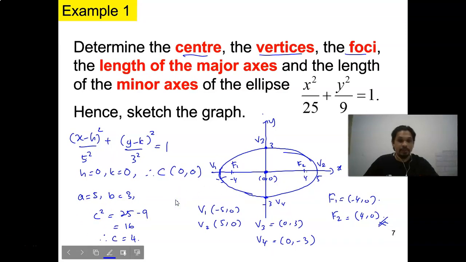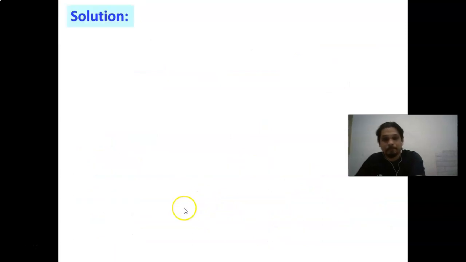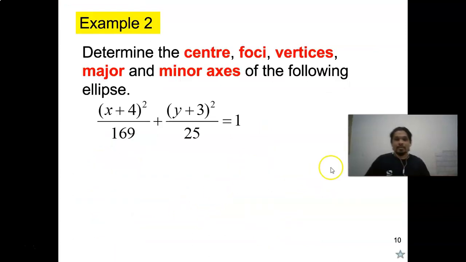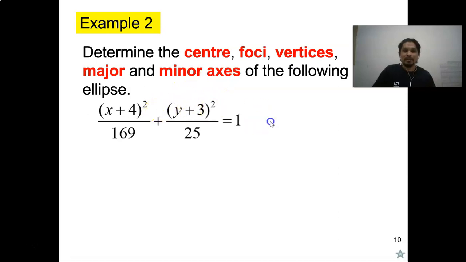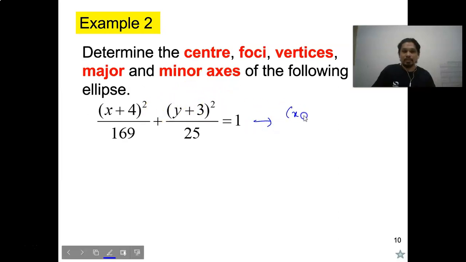Okay, let's move to the next one then. So this is it. Determine the center, foci, vertices, and the major and minor axes of the following. So let's compare with (x minus h) squared plus (y minus k) squared.